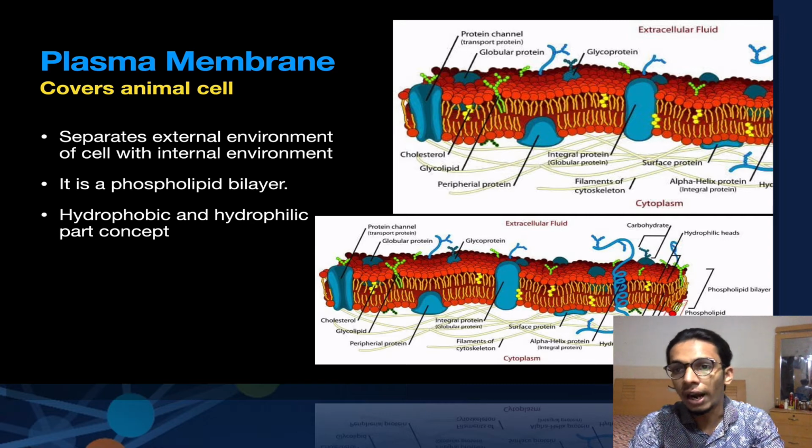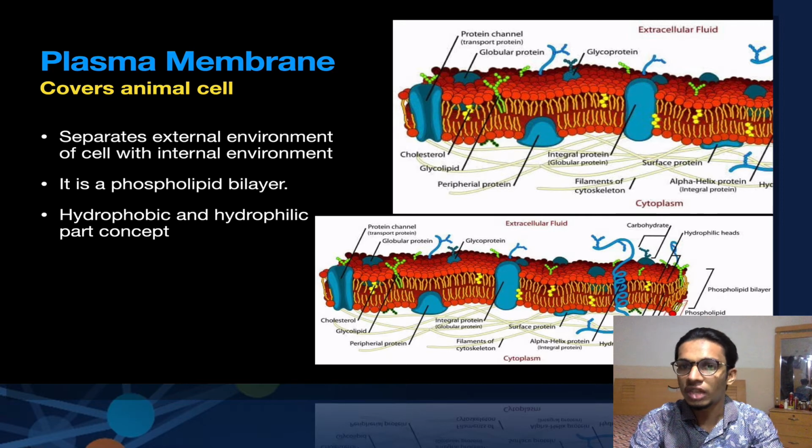Those balls are hydrophilic, while the rope-like, thread-like structures down below, each ball having two legs, are hydrophobic, and they do not allow the passage of any molecule across themselves.